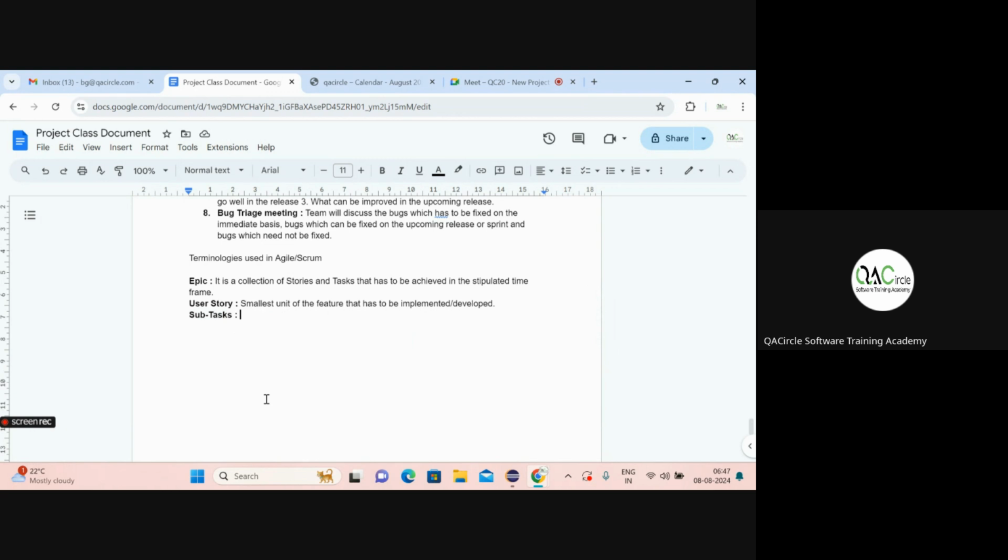So what will happen in a subtask? Under whatever story we have created, they will be implementing each and every concept. Suppose a table has to be created in the database. For that, they will create one subtask under the story, and then they will achieve it.